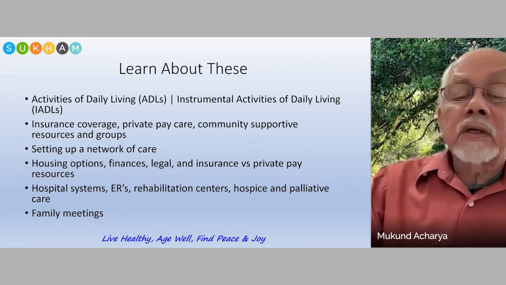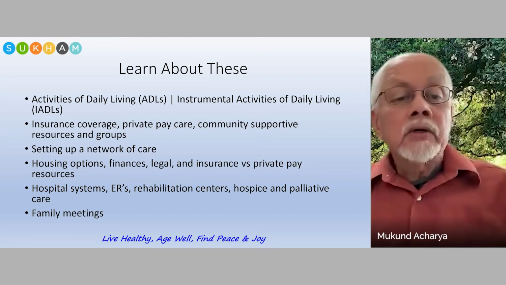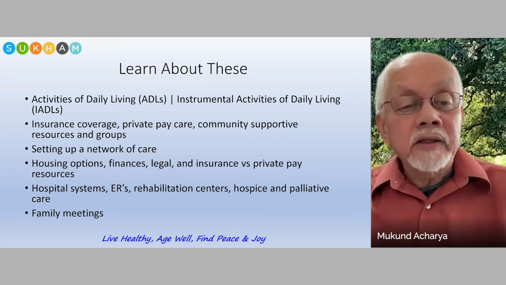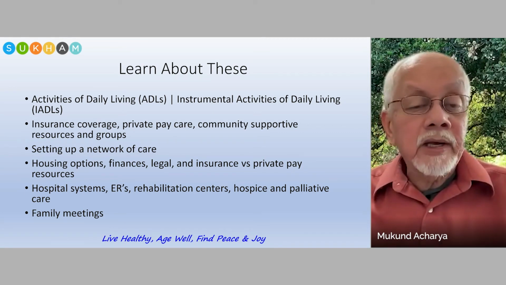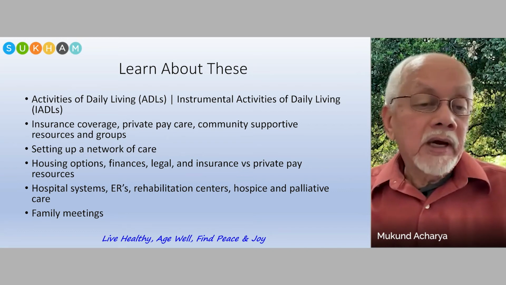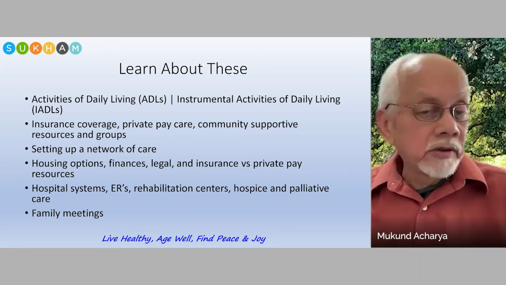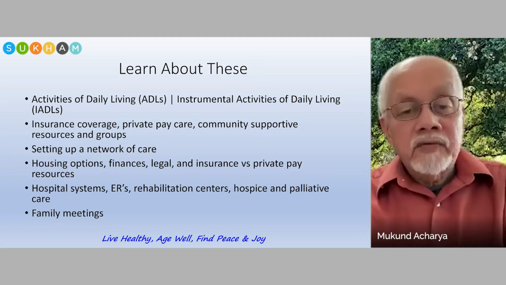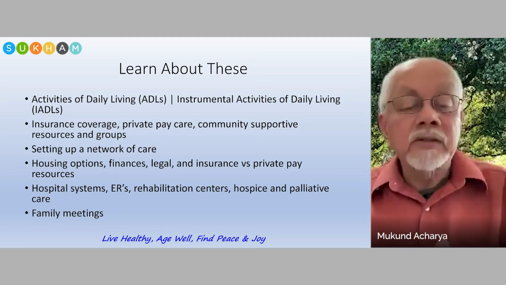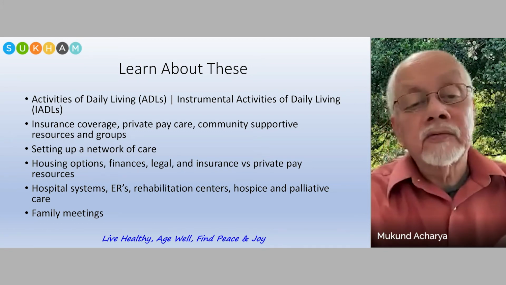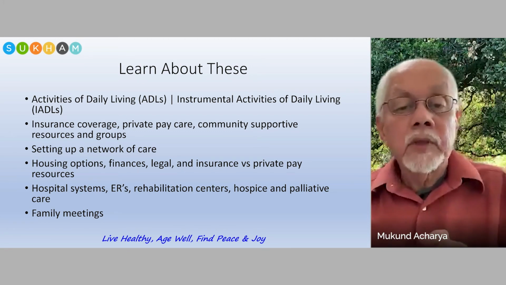Then in this kind of a society, you need to understand whatever medical and other insurance coverage people have, life insurance, long-term healthcare insurance, whatever it is. Understand the finances well. Rakiji talked about finances as a critical part of looking after those with dementia.